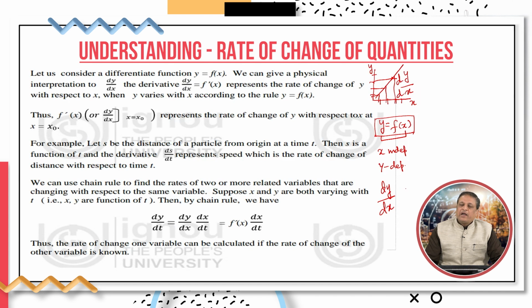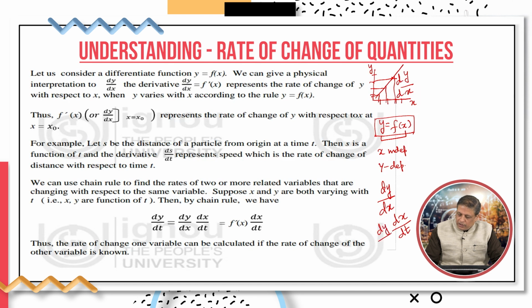And many a time there is a situation where one variable varies with time and the other variable is dependent on another variable. Say variable x varies with time, so there is a variation dx in time dt, and y also varies with the variation in x.